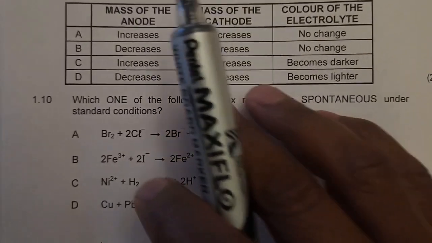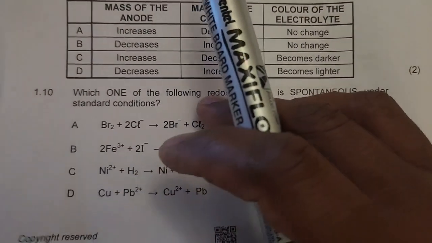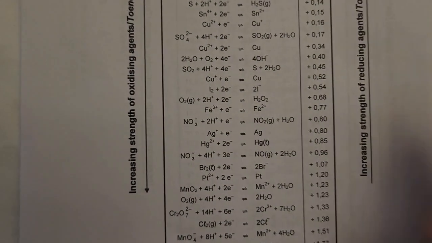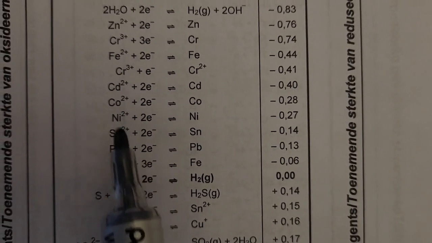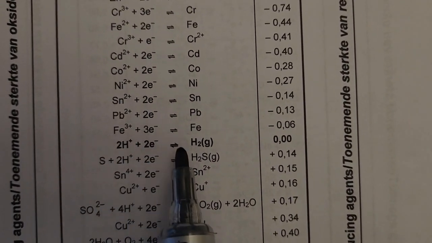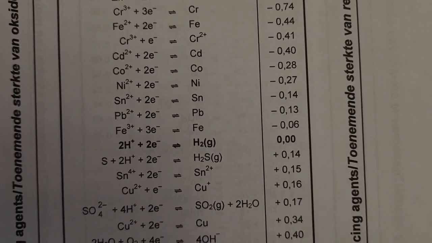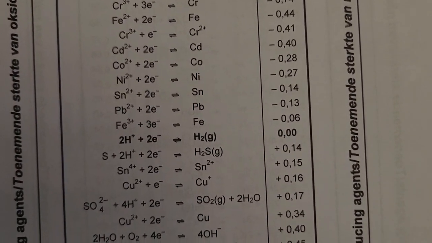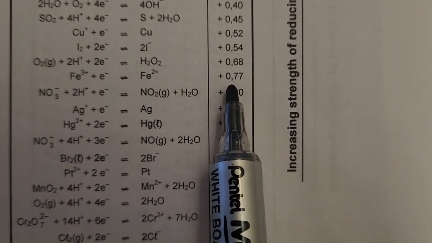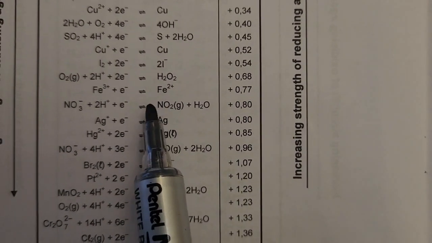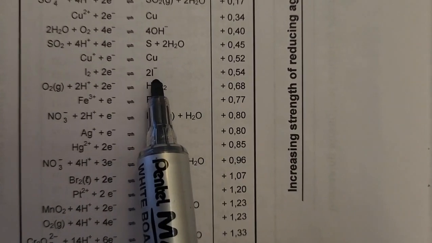Just to check on this one, just to clarify, to verify the answer, we go to this one and say let's check iron 3 to 2. It's here. You can see now it's having the biggest electrode potential. Iodine must be above it. Yes, you see.